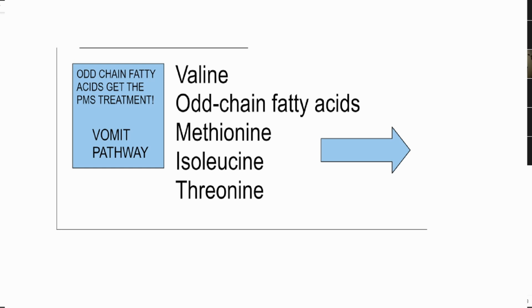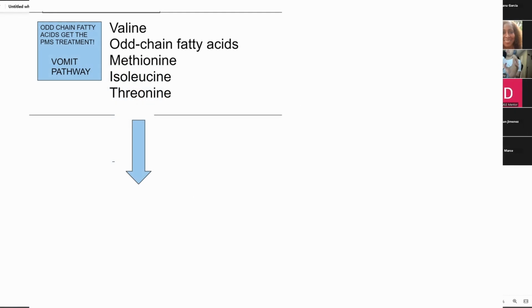You'll see that fatty acids get broken down into small acetyl-CoA groups of 2 carbons. But if it's an odd chain, it's left with 3 carbons left over. It's going to have to go into this cycle that we're going to talk about right now. So odd chain fatty acids, also methionine, isoleucine, and threonine.